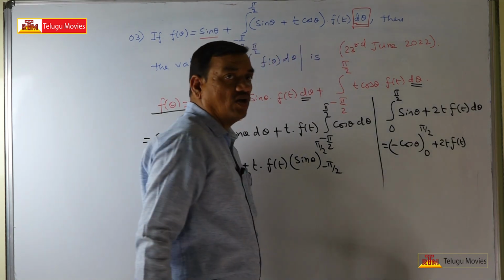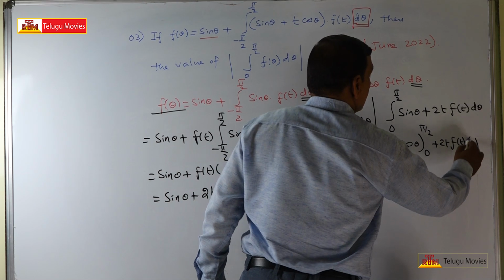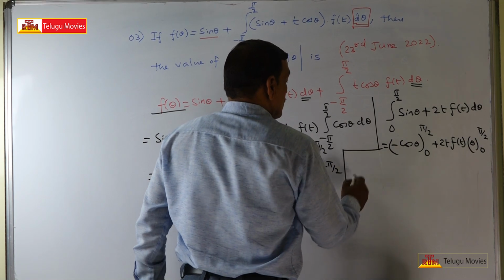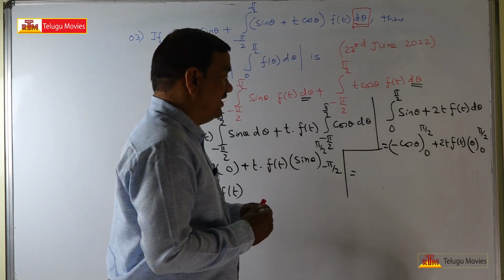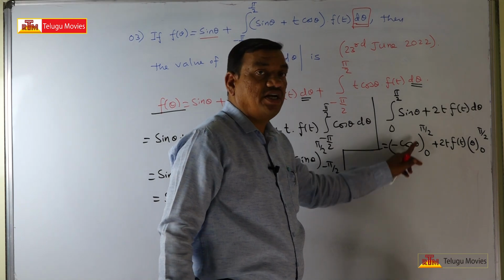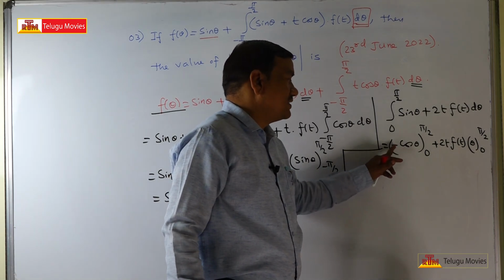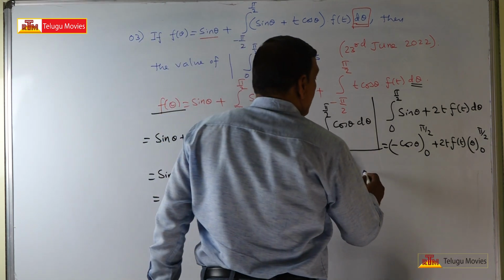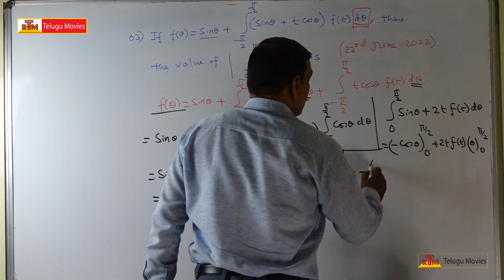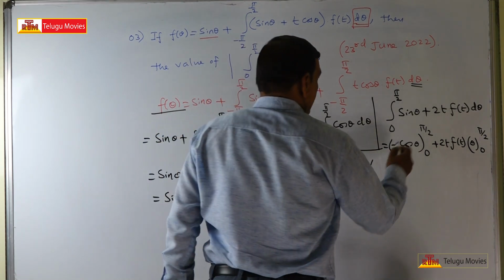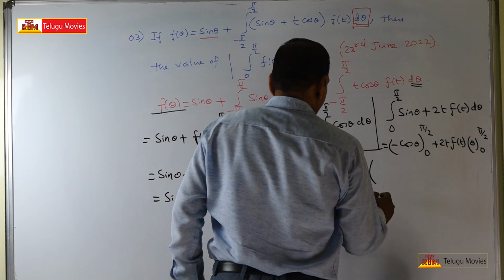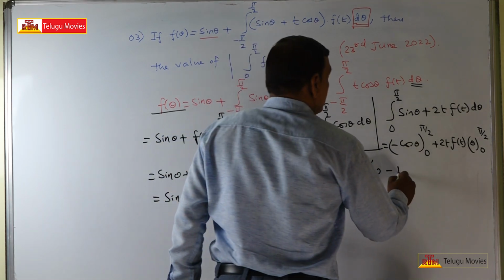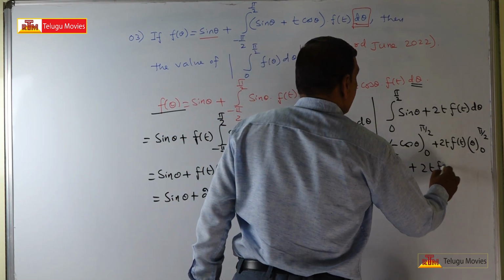So this is 2t f of t. What is the integral of 1? The integral of 1 is theta, with upper limit pi by 2, lower limit 0. So this is equal to minus cos 90, cos 90 is 0, minus cos 0 value is 1, plus 2t f of t.